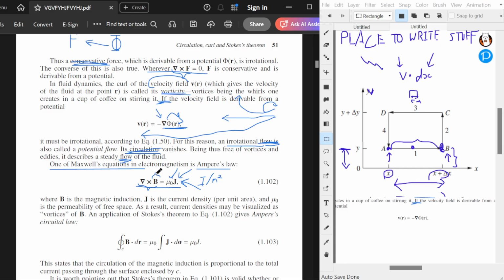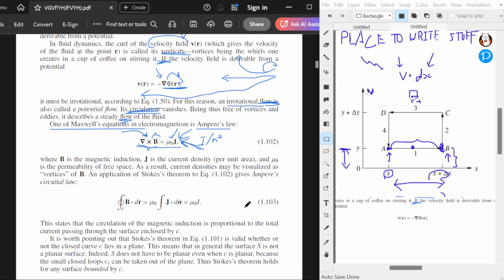Curl, so the amount of movement of the magnetic field gives us more current density. Maybe. As a result, the current densities may be visualized as vortices of B. An application of Stokes' theorem to this gives Ampere's circuital law.